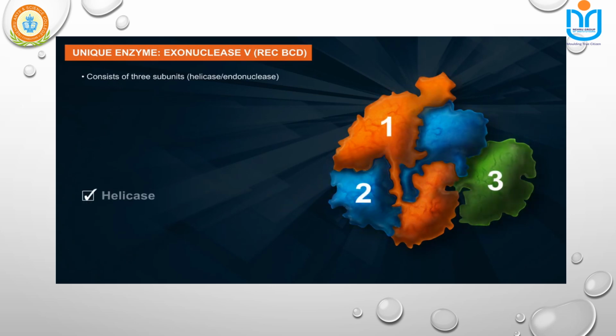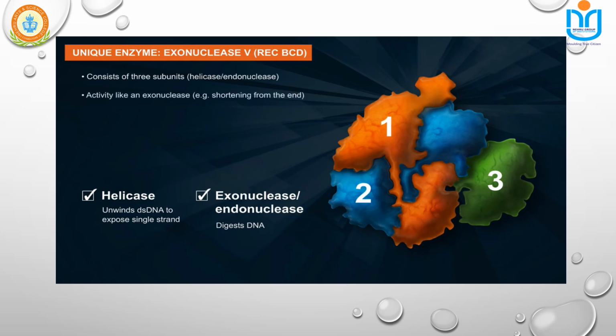This includes helicase activity that unwinds double-stranded DNA to expose single-stranded DNA, as well as single-stranded exo and endonuclease activity, which digests the DNA. The end result is activity like an exonuclease, for example, shortening from the end.